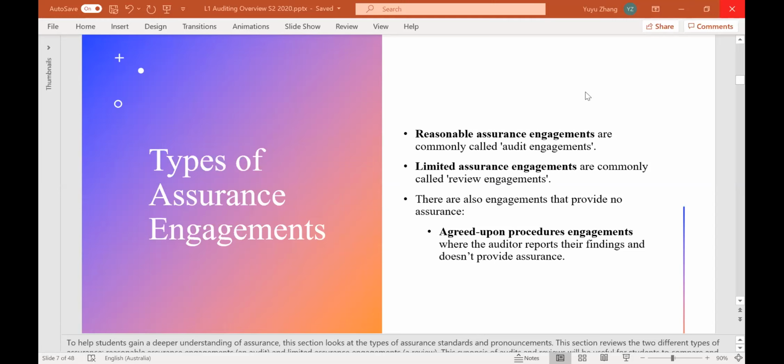For the other type, limited level of assurance, compared to the reasonable or high level assurance, this level of assurance would be limited or moderate. For some services the audit practitioners provide, they could also provide service with no assurance.